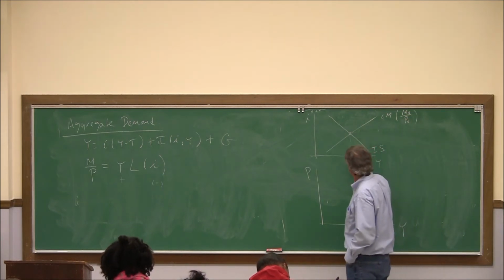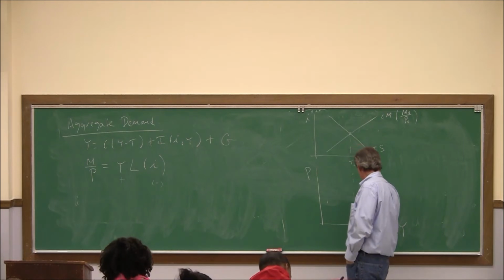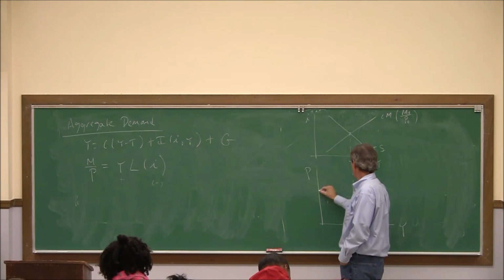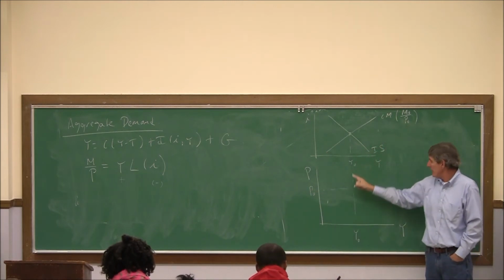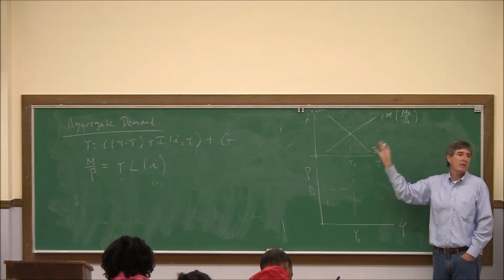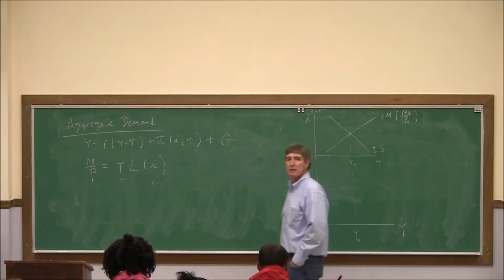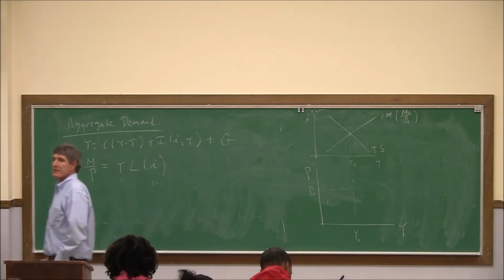I don't care what the interest rate is so much right now, so I'm not going to keep track of it. But we know if the price is P0, we get a Y0 from the IS-LM model. So IS-LM is the demand side of the economy.